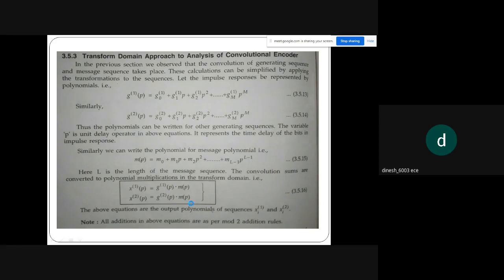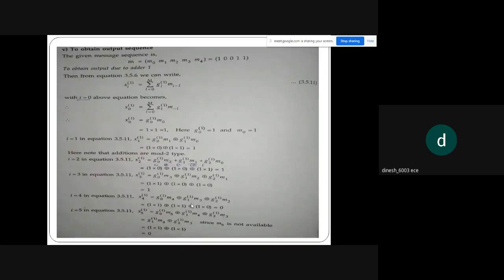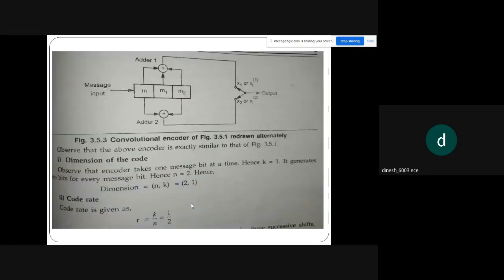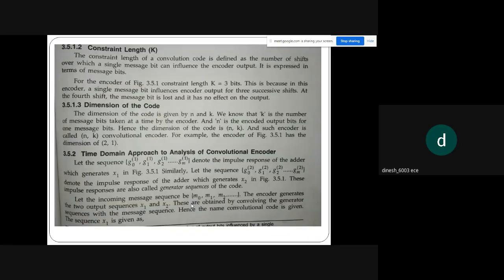Here we can see the generalized equation. Here we wrote the message in terms of m0, m1, m2 till mm. In transform domain, we are writing in terms of polynomials m0 of p, m1 of p, m2 of p, m3 of p, and till.